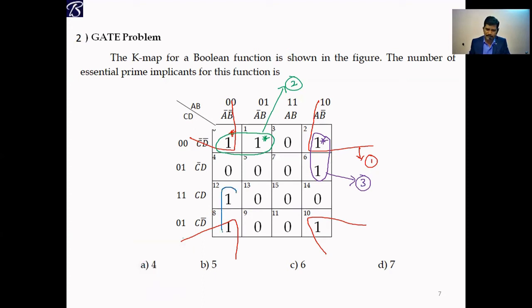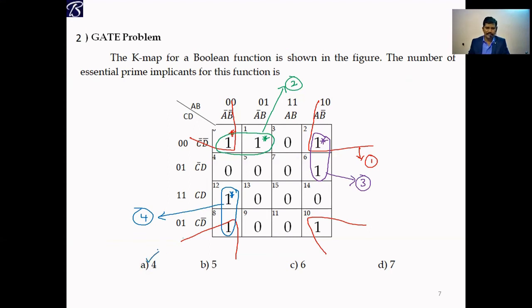Let us group this one, which is also essential. Fourth one, right? Now all the minterms are covered. Output function is completed. Then how many stars are there here? 1, 2, 3, 4. 4 essential prime implicants are there.